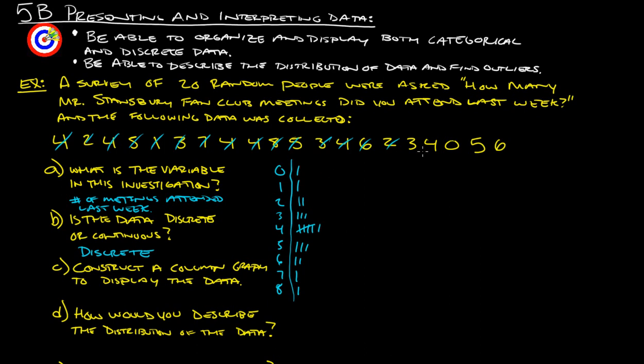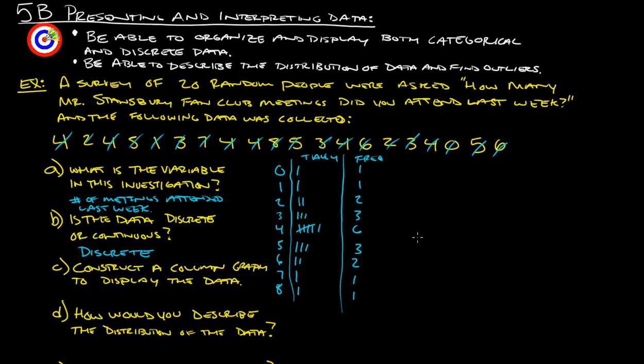Okay, I went through and tallied all these up, and this is our tally. These are the amounts. Now we can do a frequency. Here are the tallies, and now we'll add those up to get our frequency. We get 1, 1, 2, 3, 6, 3, 2, 1, and 1.